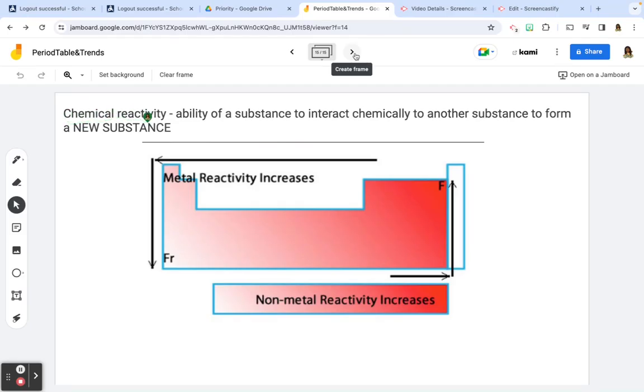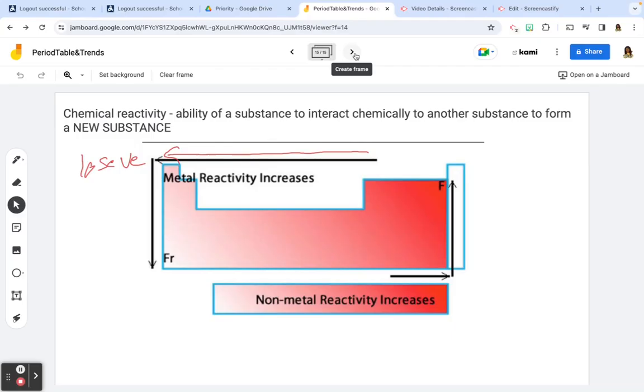So those three, atomic radius, ionization energy, and electronegativity, all relate to chemical reactivity. Chemical reactivity is the ability of a substance to interact chemically with another substance to form a new substance, a new compound. Therefore, the reactivity for metals increases in this direction because the smaller the atom, the easier it is to lose valence electrons, because metals want to lose valence electrons.